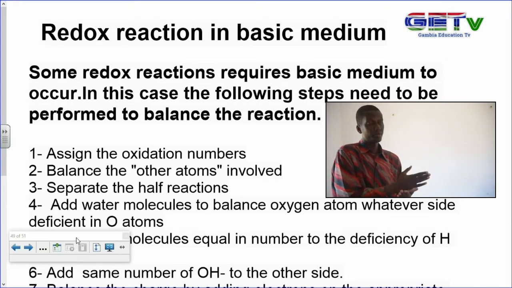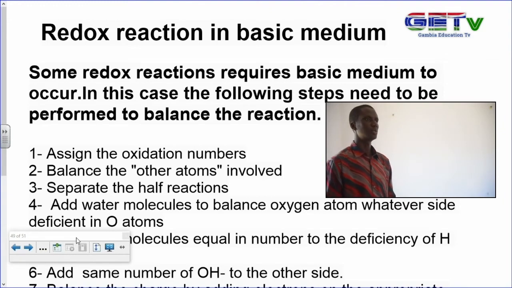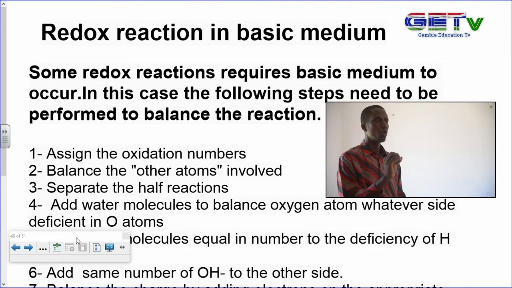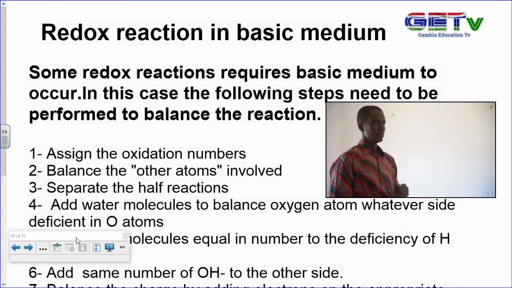Add water molecules to balance oxygen atom, whatever side deficient in what? In oxygen. In this case, you know, in acidic medium, we were using hydrogen ions and water molecule. Now for the basic medium, we'll be using hydroxyl ion and also water molecules.